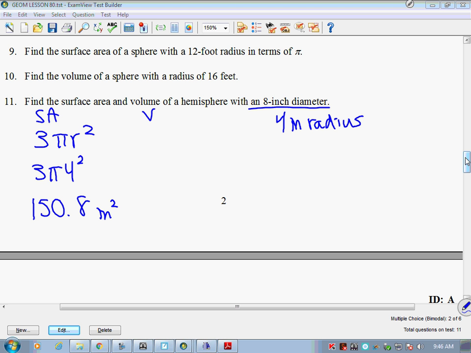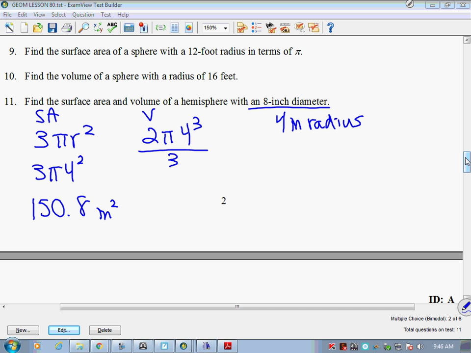Volume was what? 2/3 pi r cubed. So 2 pi r cubed, in our case, r is 4, right? Divided by 3. So 4 cubed is 64, so it's 64 times 2. Is that 128?